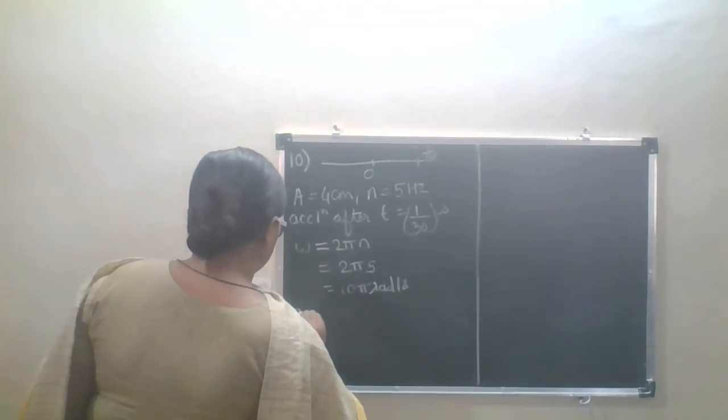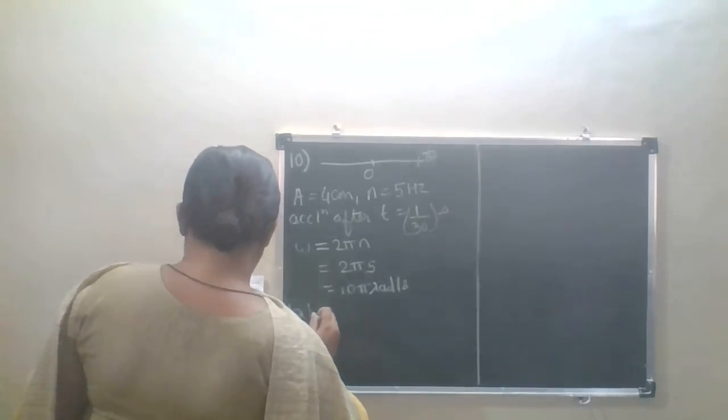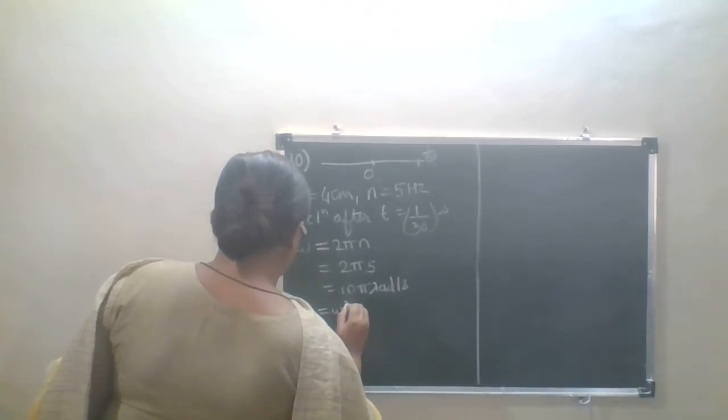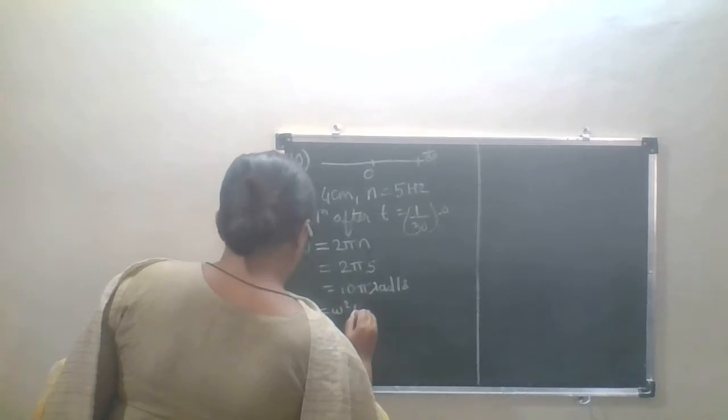We are finding the magnitude of the acceleration, so we are taking the mod, which is omega square a sin omega t.